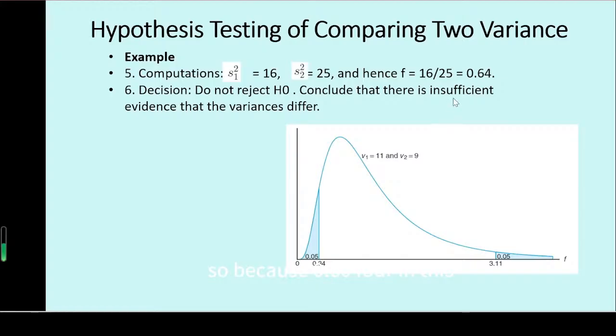Because 0.64 is in this central area, not in the critical region, we will not reject H0 and can conclude that there is insufficient evidence to say that these two variances differ. Or we will hold the null hypothesis, that the two population variances are equal, right?